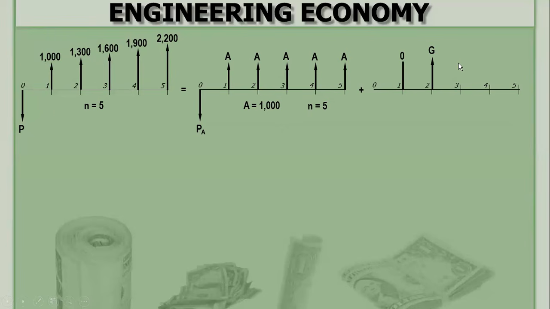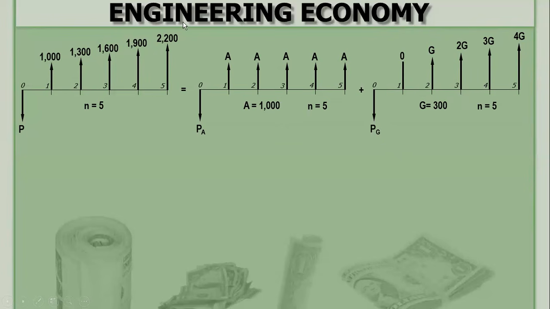And then we have 2G, 600 is 2 times 300, and 3G, and then 4G, with G equal to 300, N equal to 5. And then we get the present worth of this gradient, denoted as P sub G.